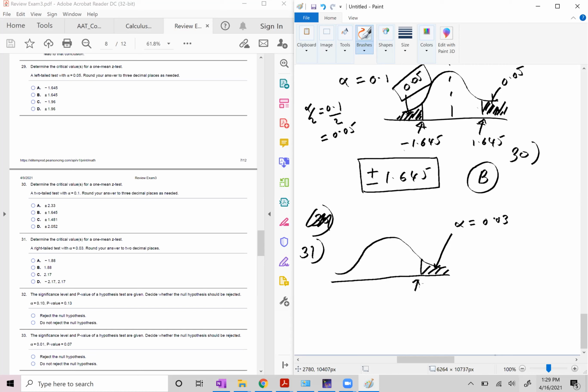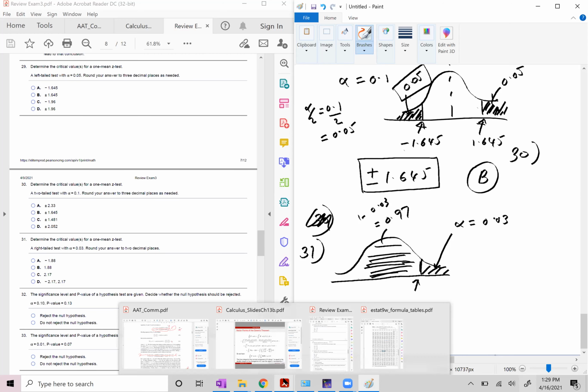The value here is what you need. When you have 0.03 to this side, you look in the normal table for 0.97, that means 1 minus 0.03. Why? Because the normal table always gives the values to the left hand side.